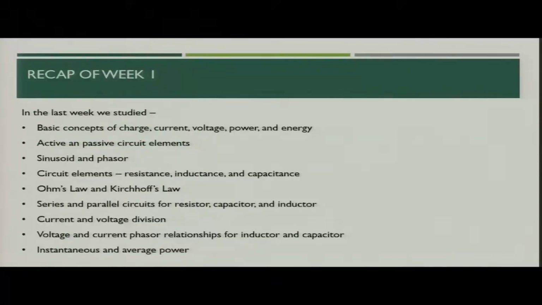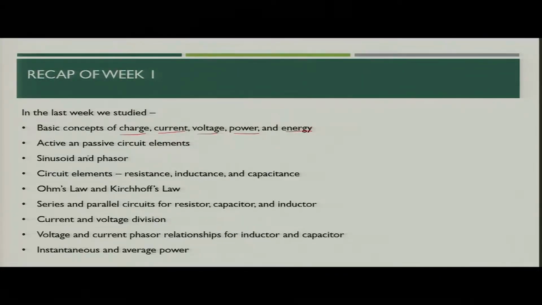So, before going into the details, let us try to understand what we learned in the previous week. We started with the basic concepts of charge, then we spoke about current, voltage, power and energy.